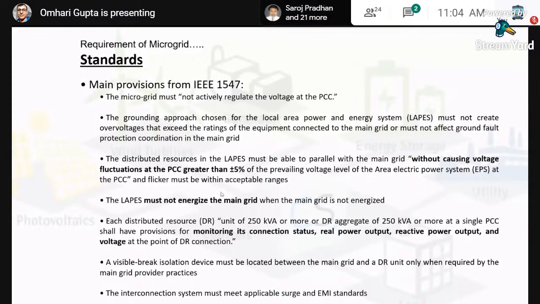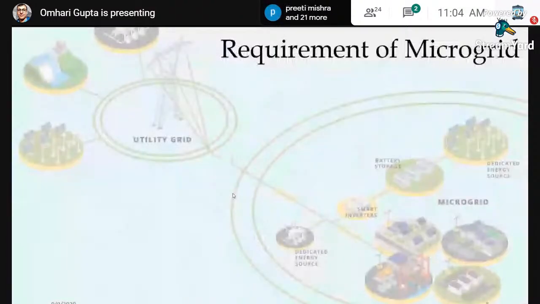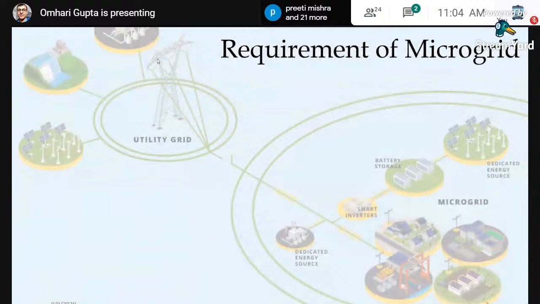You can see this diagram. Let me go to that diagram once again. This is your utility grid, which we have represented by just placing a tower. It's not like that. There will be a structure of lines, interconnection of several lines, and at any location there can be a fault, and any circuit breaker may trip and disconnect you from the active sources, but there can be several distribution systems connected to this utility grid.